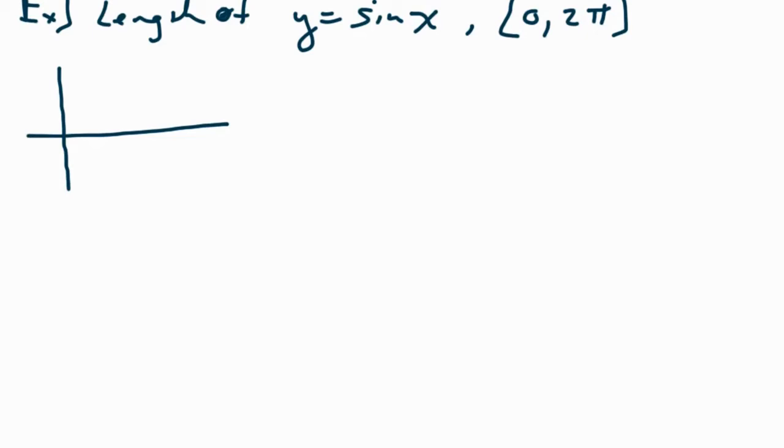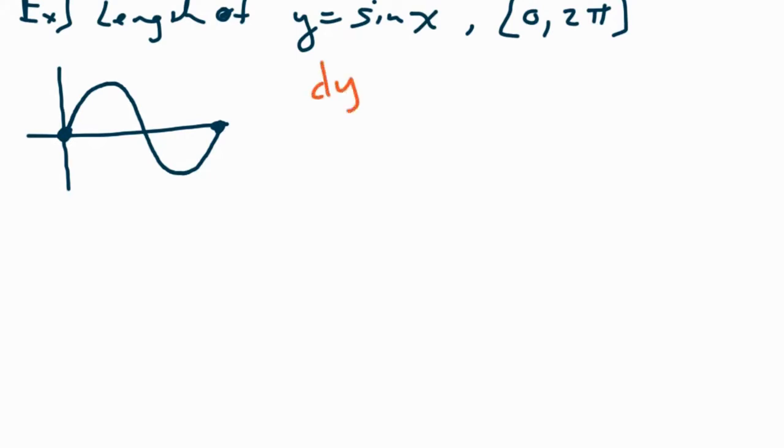Now, there is going to be a suggestion in these problems to make a sketch. You'll find out a little later that sometimes the sketch tells us something that requires a bit of an adaptation to our rule. So here we have the sine wave from 0 to 2 pi. It would be as if I'm trying to straighten this thing out and get its length. According to the formula, we're going to need the derivative.